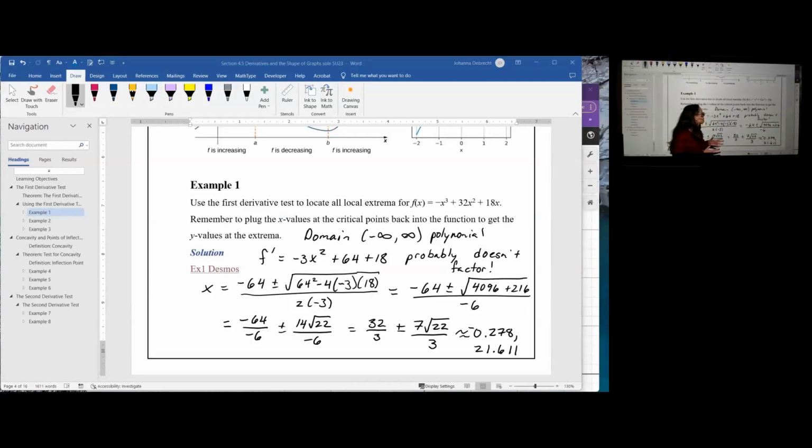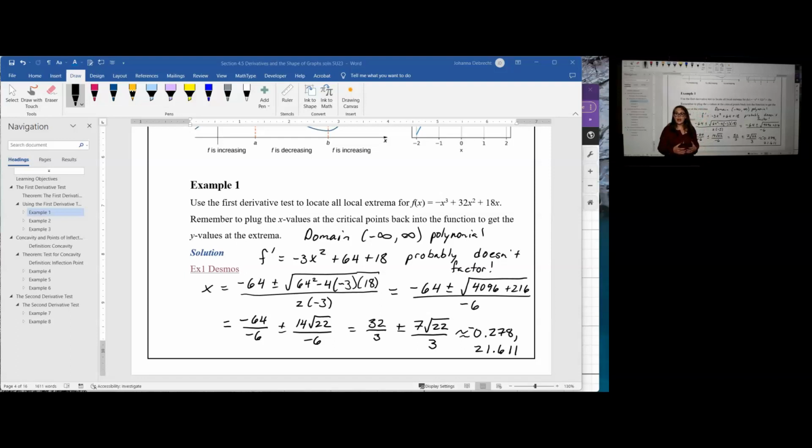The domain for a polynomial is all real values. When I was looking at the first derivative, I got negative 3x squared plus 64x plus 18, which does not factor. I used the quadratic formula to come up with the simplified answer of 32 divided by 3 plus or minus 7 square roots of 22 divided by 3.